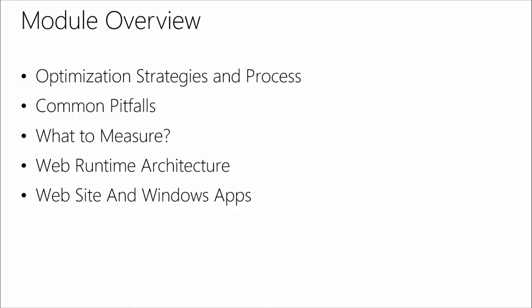And exactly, you may ask, what to measure? What tools should I use? And then we will roughly talk about what kind of web runtime architecture or environment you're dealing with, so it will help you to understand the rest of the modules. And then we're going to share with you the difference between a website application versus a Windows app.